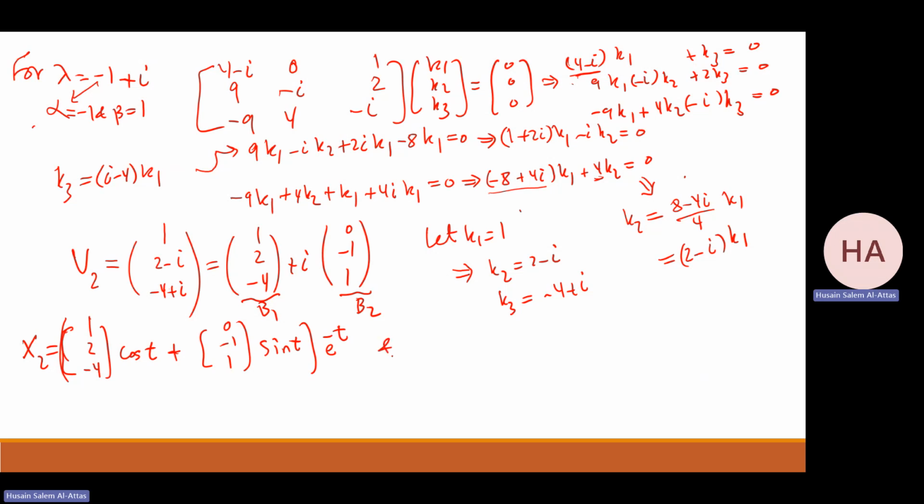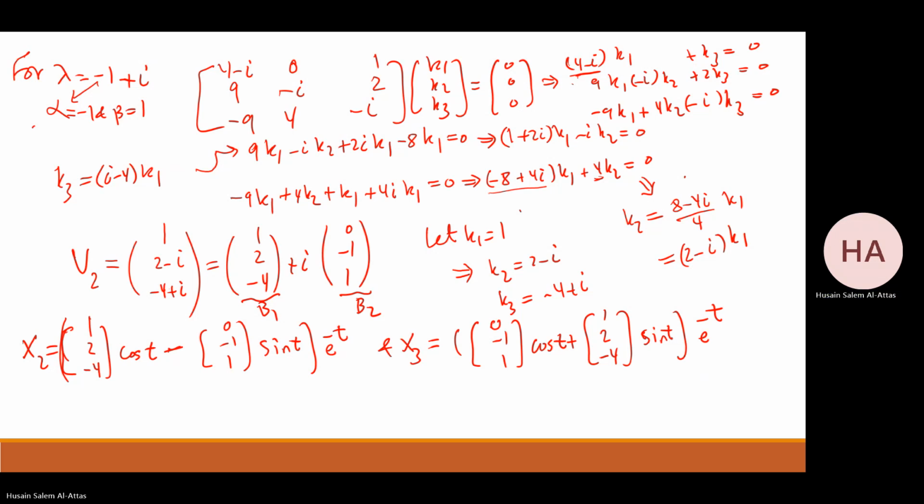This is x2. x3 will be, oh, this is minus, sorry. Now we reverse it, and that will be plus. This is just a formula. Sine t is minus t. That will be x3. This will be the solution.